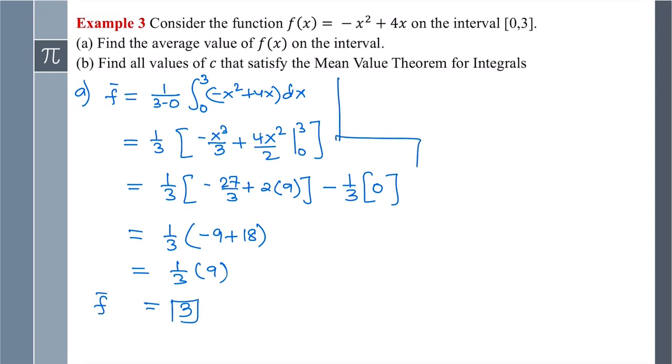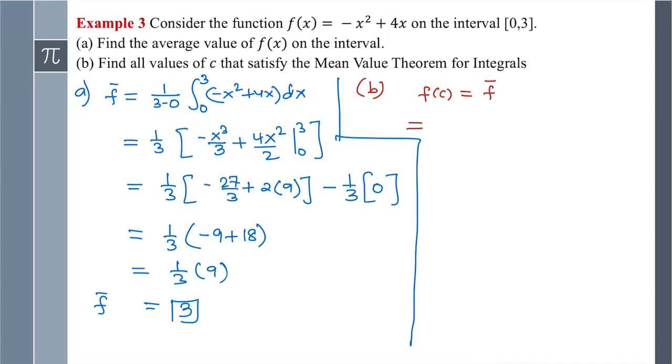Now the second part of the question is asking us to find a number c that satisfies the mean value theorem for integrals. From the mean value theorem for integrals, there must be a number c in the interval [0, 3] such that f of c equals the average value of the function.